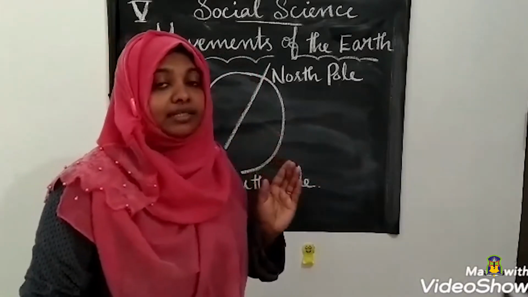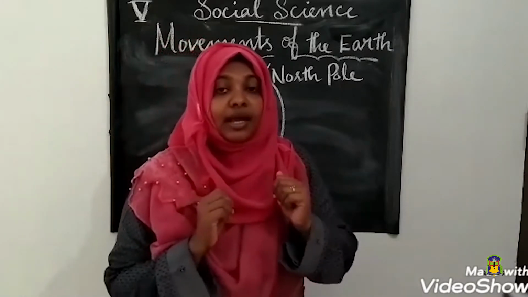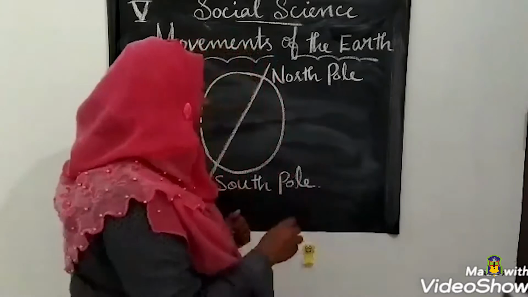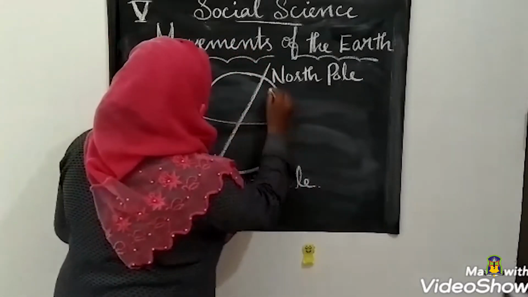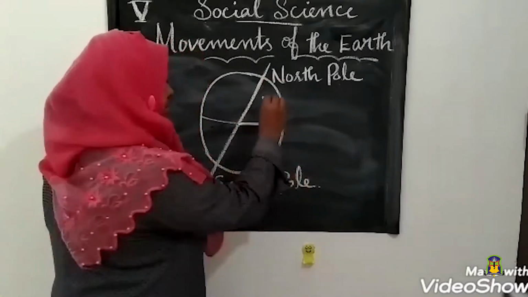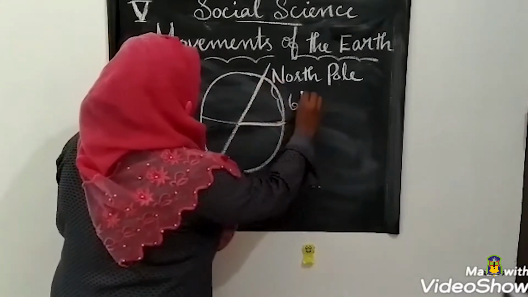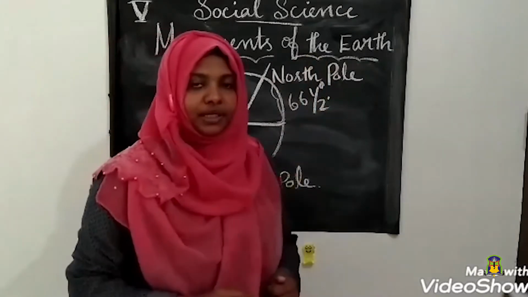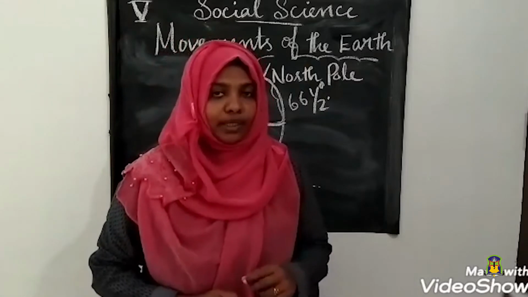The Earth's axis is tilted at an angle of 66.5 degrees to the plane of the Earth's orbit.